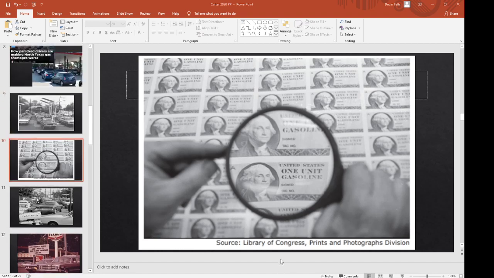So, let's take a look at the... Hold on, let me find... Let me go back. I want to take a look at the document, the Google Docs that I have you guys doing today.